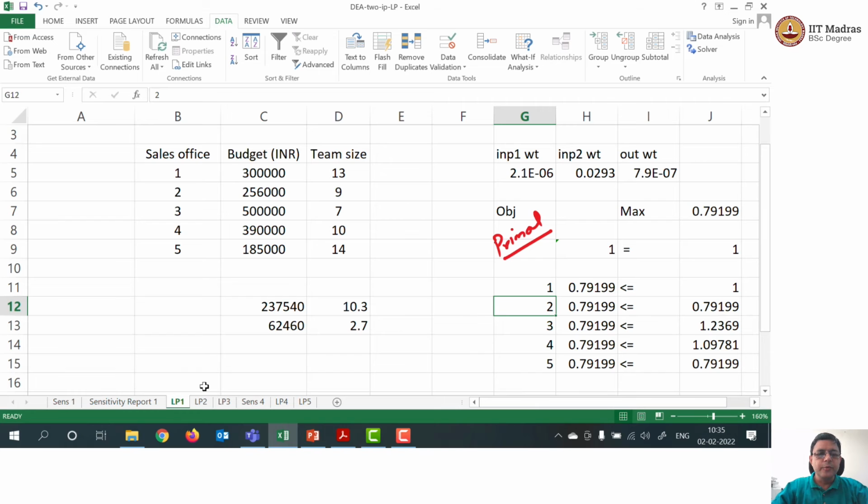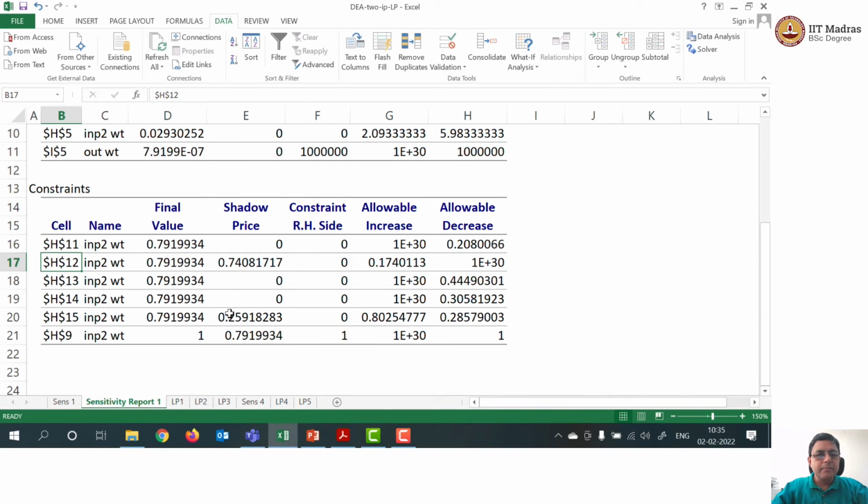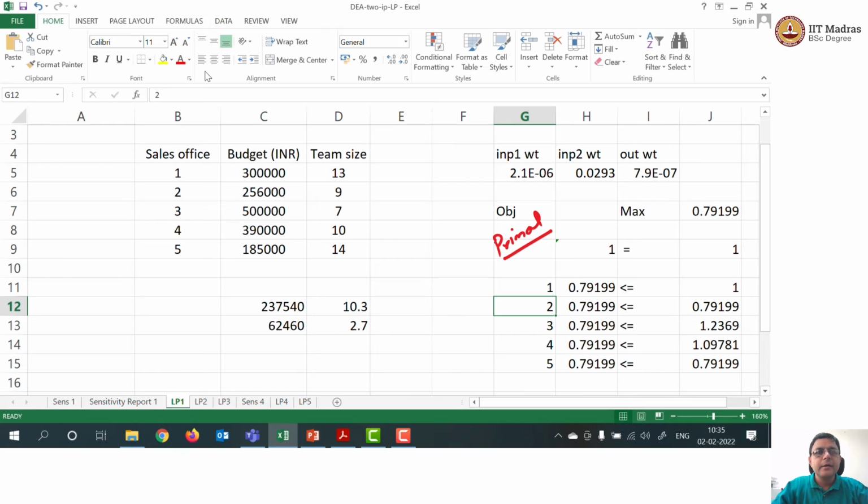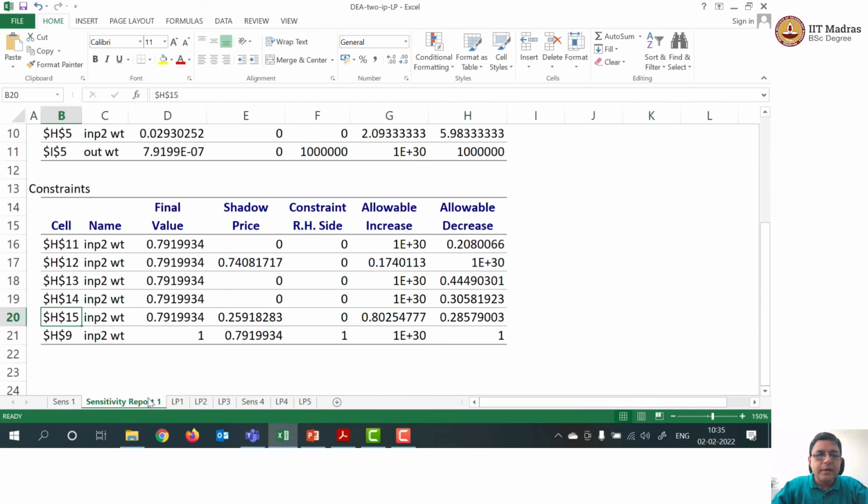The other corresponds to H15, which corresponds to DMU5. Therefore, DMU2 and DMU5 are the only two DMUs, and correspondingly only two constraints, for which the dual variable is non-zero: 0.74 for the first and 0.259 for the second. The other dual variable values are 0.